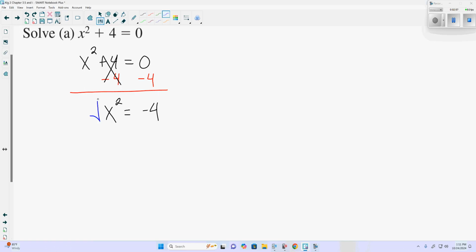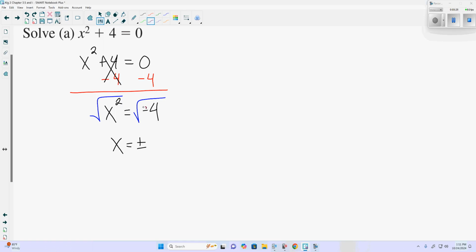At this point, we can take the square root of both sides to get x by itself, because the square root of x squared is x, equal to plus or minus, because whenever we take the square root of both sides, we have to add the plus or minus. Now we need to simplify the square root of negative 4.